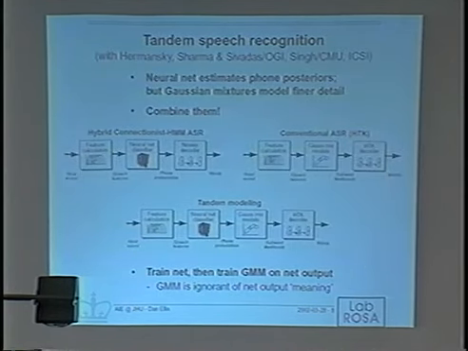The particular thing I want to talk about is this idea of tandem speech recognition, which I think Hynek mentioned a couple of weeks ago. This was work that I did in conjunction with Hynek and some of his students, and also with some of the people at CMU, as well as the people at ICSI.